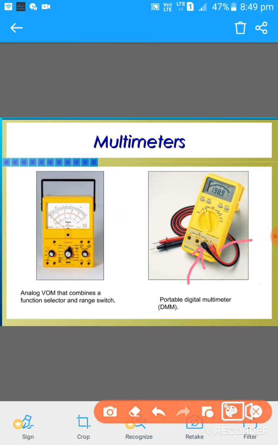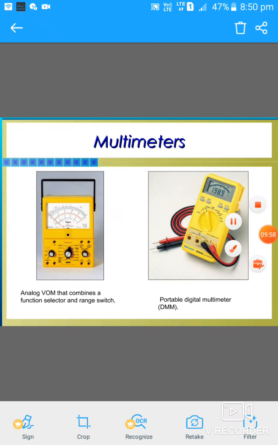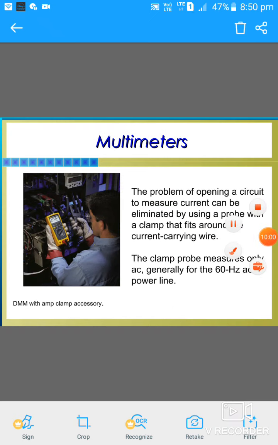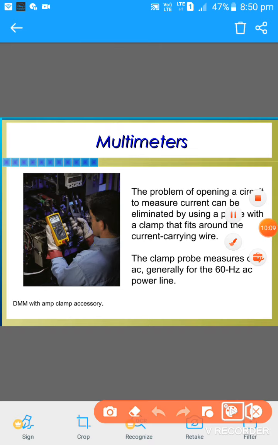One is the black probe, which indicates the ground, and the second one is the positive terminal. So student, the clamp probe measures only AC, generally for a 60 Hz AC power line.